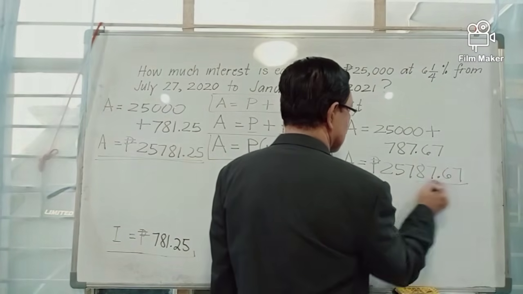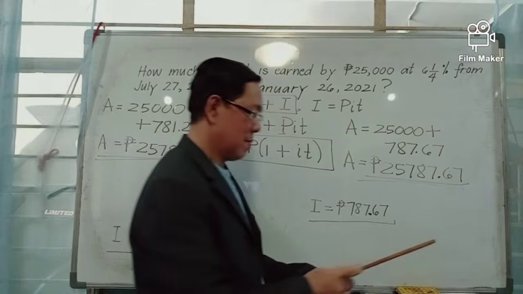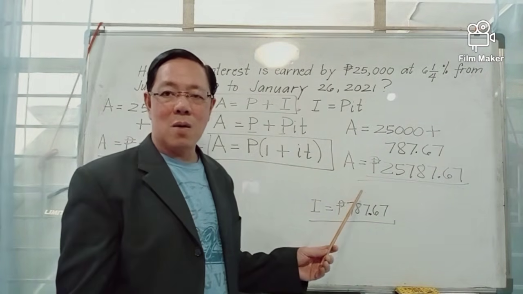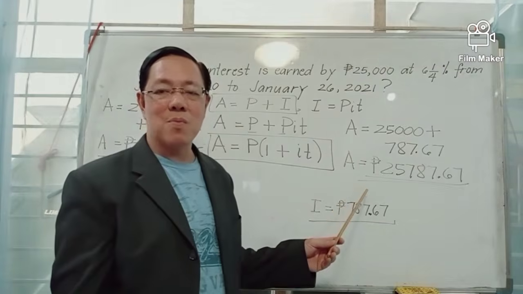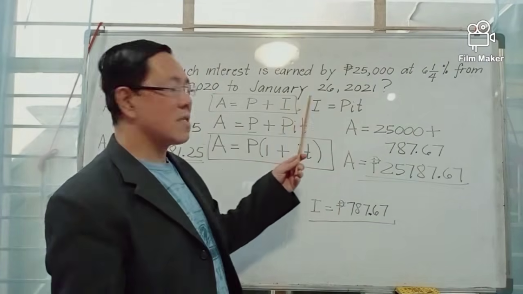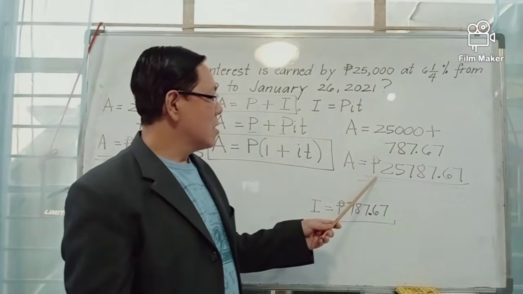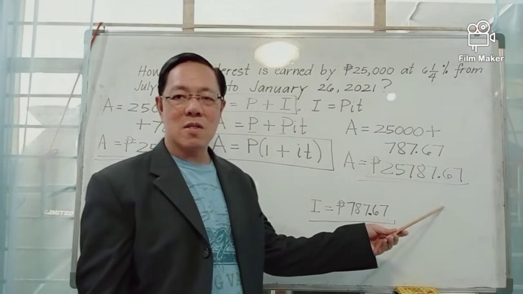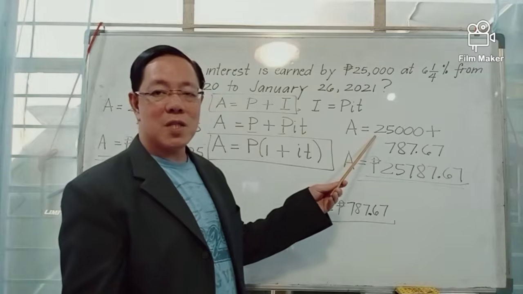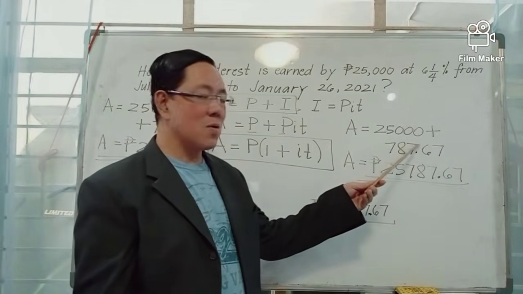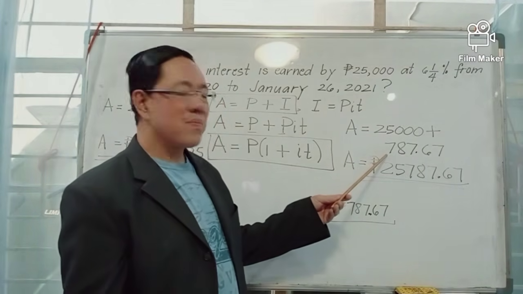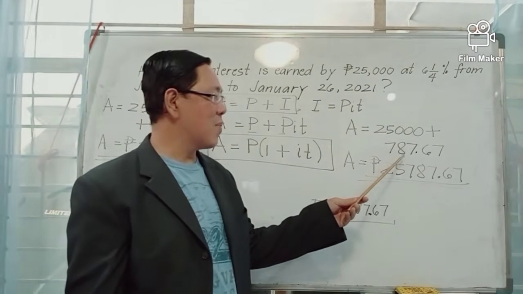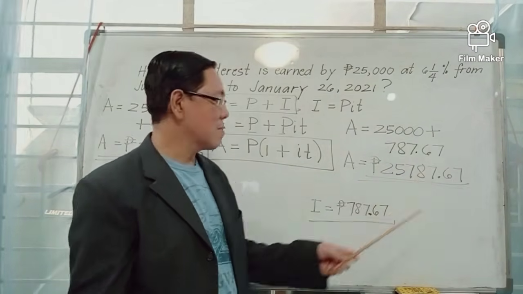This is the exact total amount to be paid on January 26, 2021, 25,787.67 pesos. That includes the original amount borrowed of 25,000 and the exact amount of simple interest of 787.67 pesos.